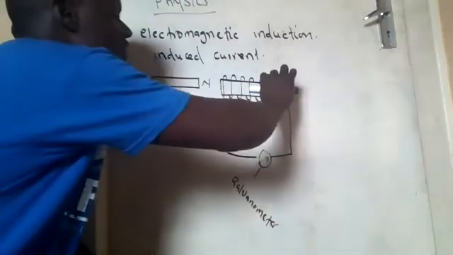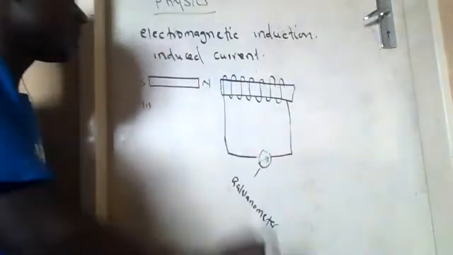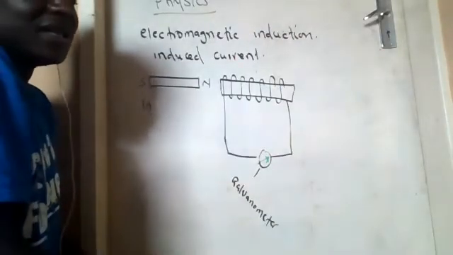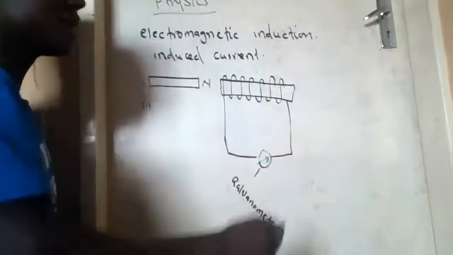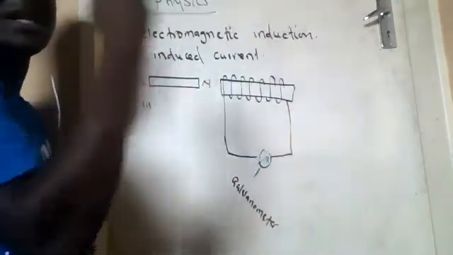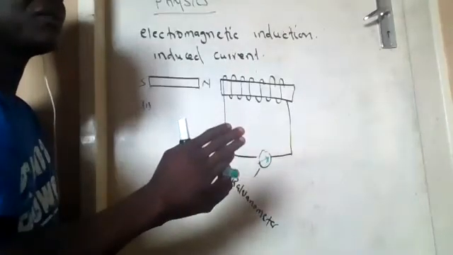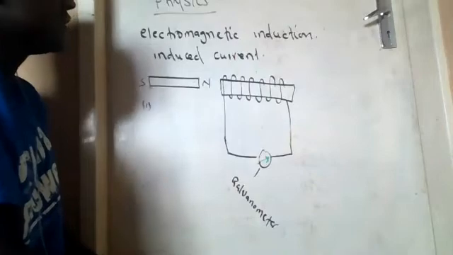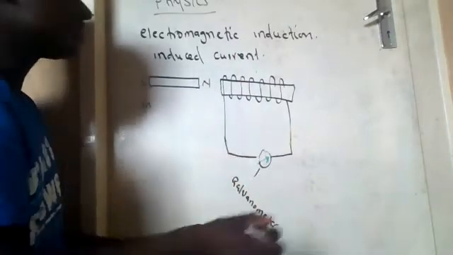And the moment you withdraw the magnet outside of the solenoid, again the pointer deflects. What is it trying to tell us? It is telling us that the current is only produced when there is movement, or when there is continuous cutting of the magnetic field lines. Now you may ask yourself, the one which is moving this time is a magnet; how is current being produced?